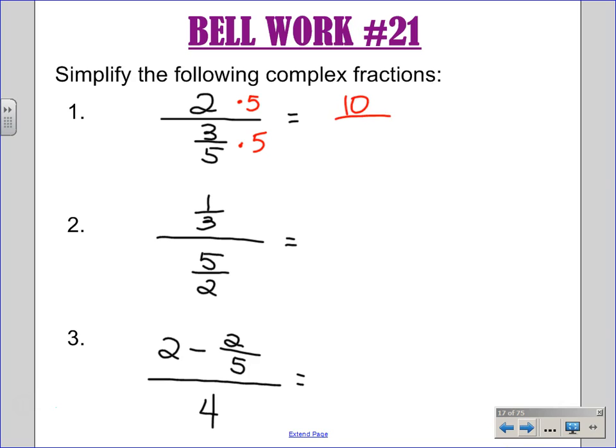What's 5 over 5? But I wouldn't multiply this one by 5 over 5. It wouldn't help. I wouldn't by 2 over 2 or 3 over 3. I would multiply by 6 over 6. Because it would be the common denominator.